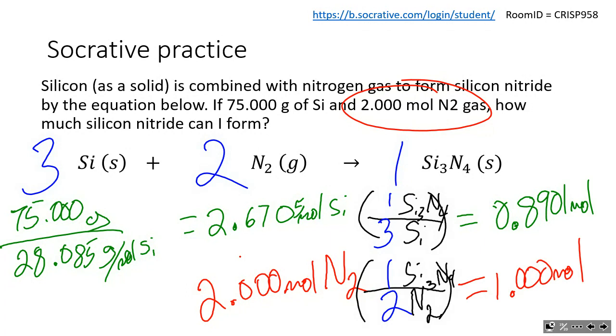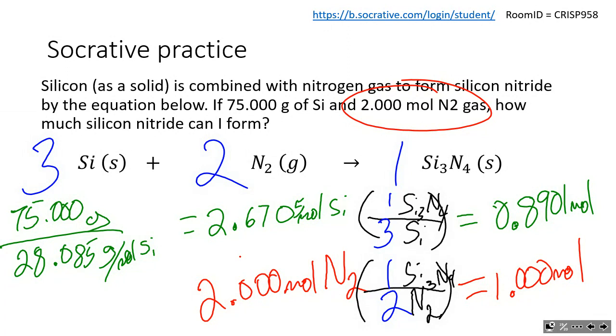So, which of these runs out first? Which predicts a smaller amount? The nitrogen predicts that we can get all the way to 1 mole. The silicon predicts that we can get to a smaller amount. So that means that the silicon is going to run out first.